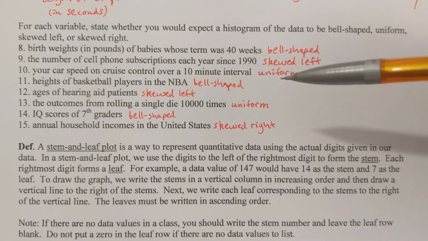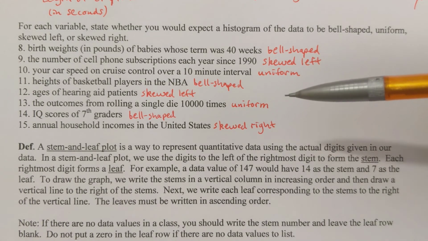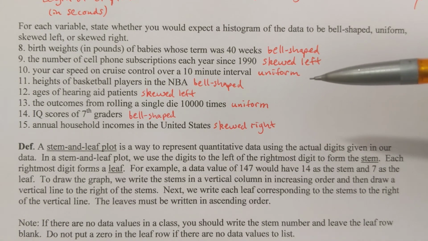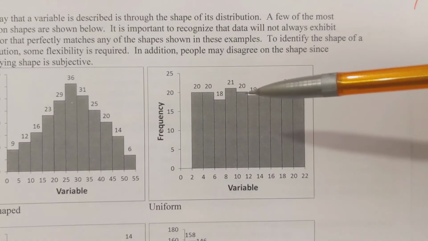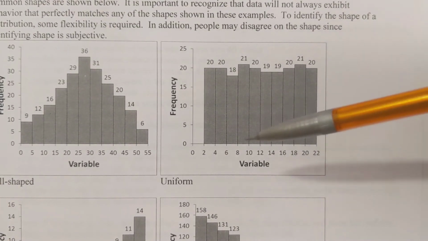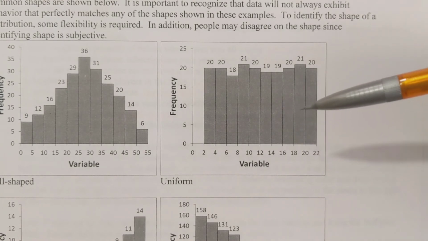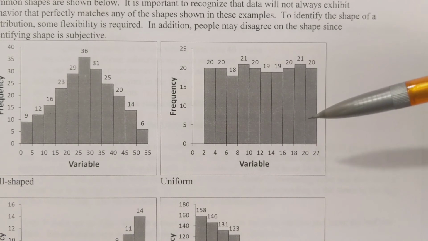The outcomes from rolling a die 10,000 times. You guys have nothing better to do in your free time, so you're just going to sit at the desk and roll a die 10,000 times for the next 3 days, and that would be uniform. If I take a standard 6-sided die, it's not like I would see a 2 any more than I would see a 5 or a 6.